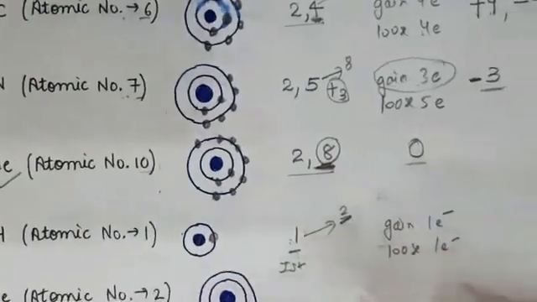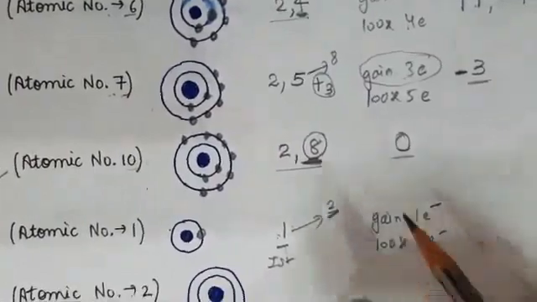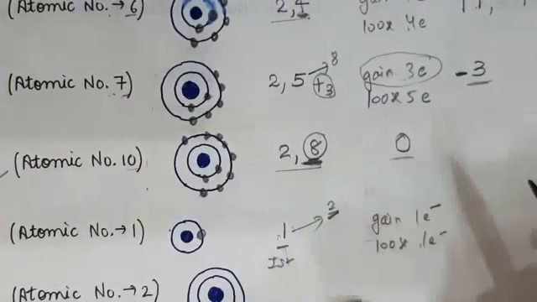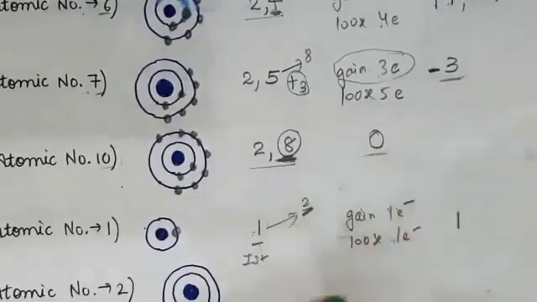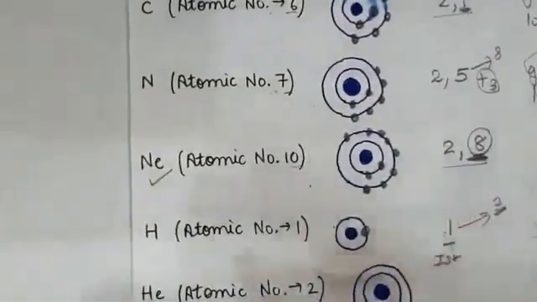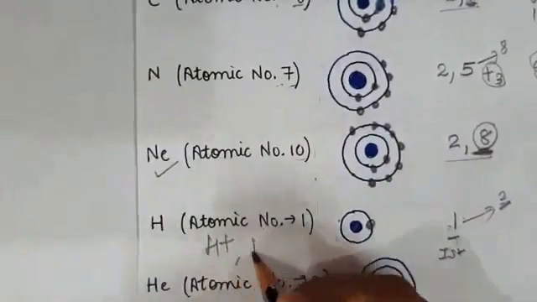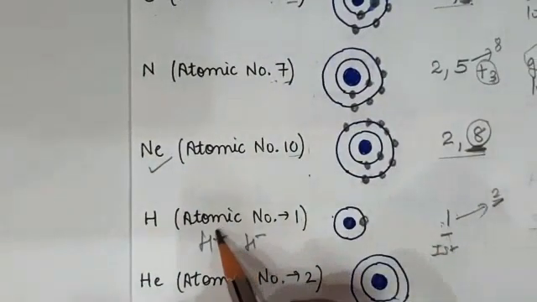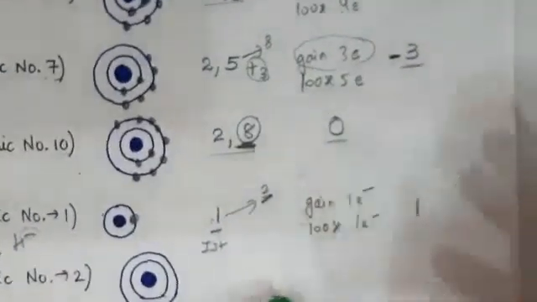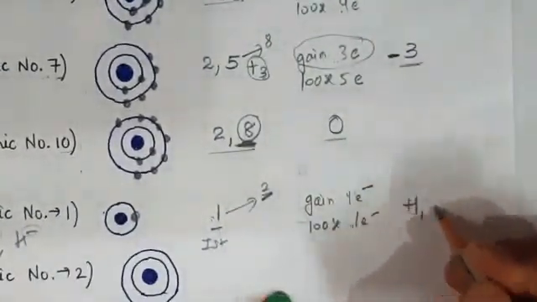So both the cases exist. It can gain 1 electron. It can lose 1 electron. 1, 1. Same. So valency is 1. That's why we write hydrogen H positive, hydrogen negative. It is losing 1 electron. It is gaining 1 electron. So valency is 1 and charge can be plus 1 or minus 1.